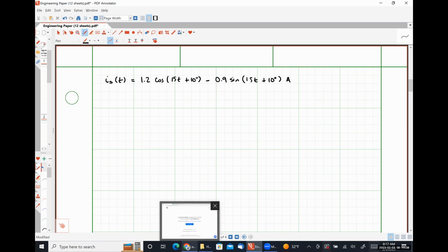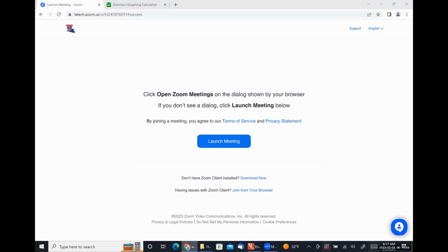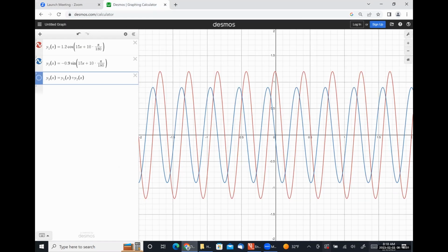So let me explain what our problem here is, I guess, before I show you the graphs, okay? So I'm expecting my source current to be a single sinusoid, right? So if I put a sinusoid in, I should get a sinusoid out. I have a combination of sinusoids right now. So the reason why I plotted this is because the red curve is the resistor current, the blue curve is the capacitor current.